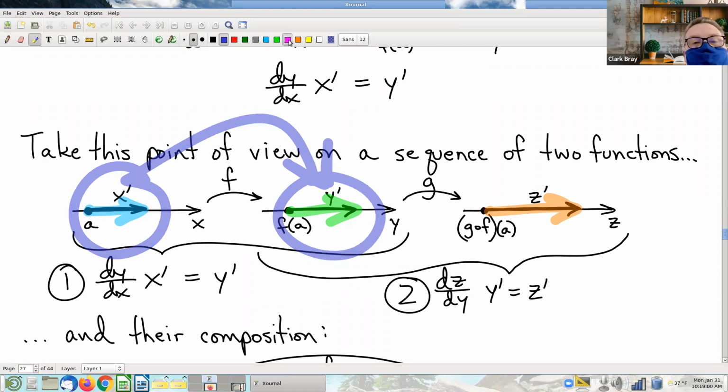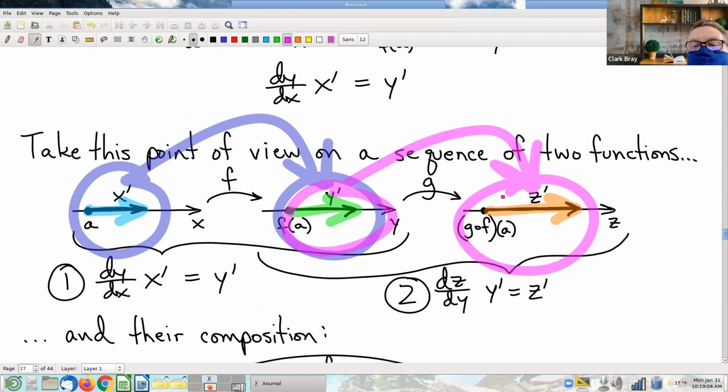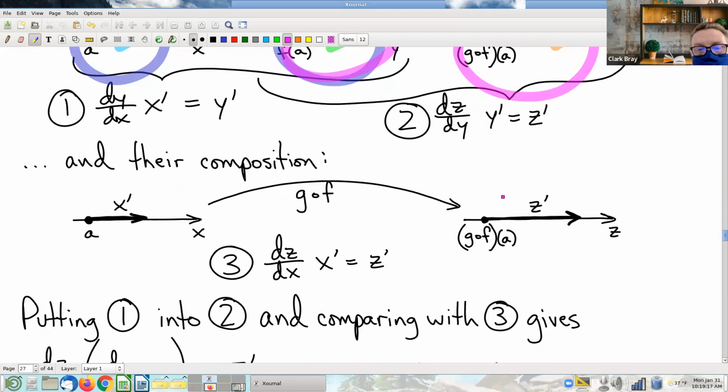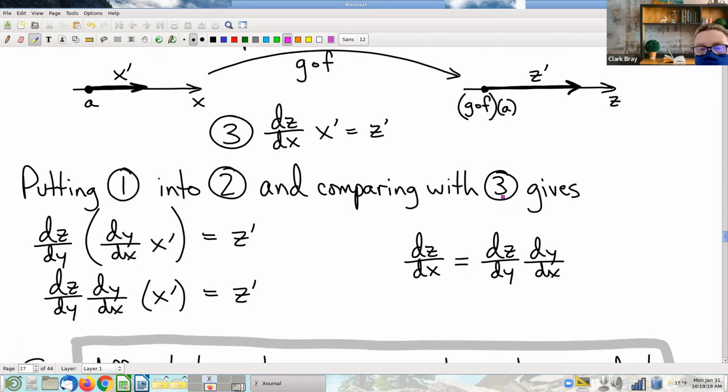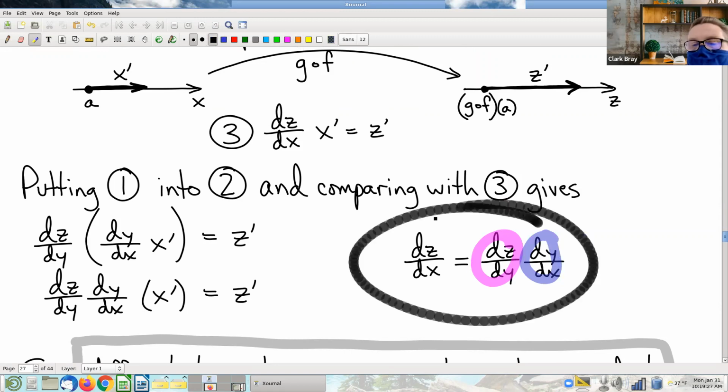And then G prime is what you multiply by that to get that. So altogether, what have you multiplied by to get from X prime to Z prime? Well, you multiply by F prime and then you multiply by G prime, right? And so we get this observation here that the product of these derivatives is what gives you the derivative of the composition.